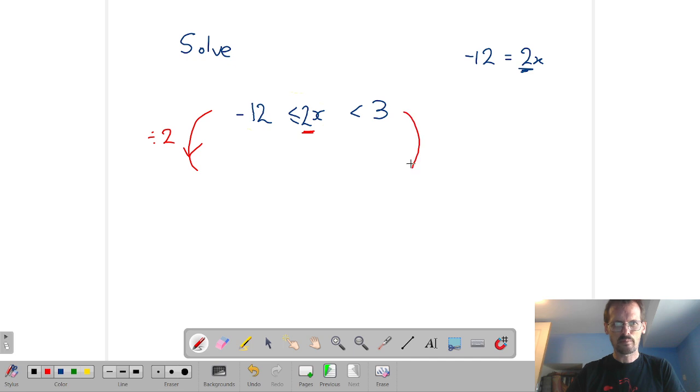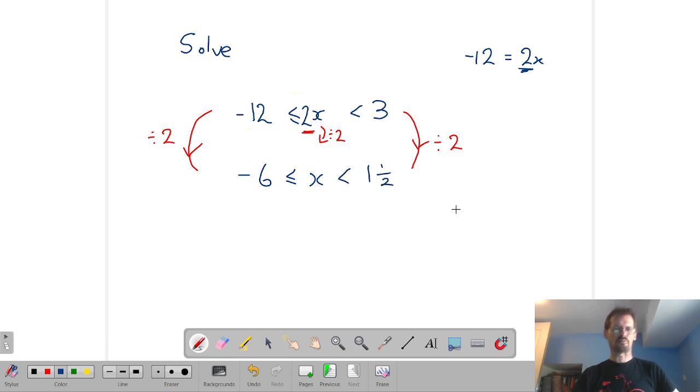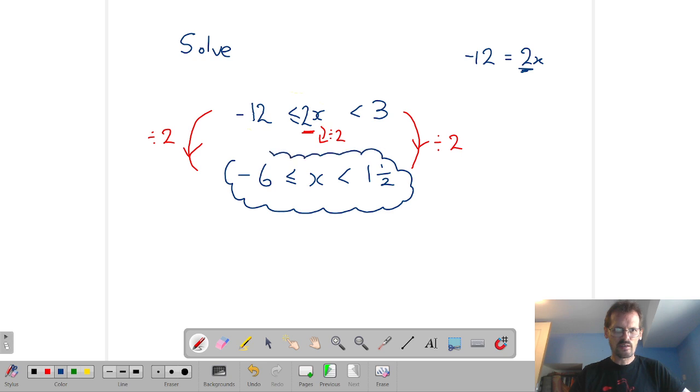I'm dividing that by 2, I'm dividing that by 2, and of course I'm dividing this by 2. So I get minus 6 there, then the inequality sign. 2x divided by 2 is just x, and 3 divided by 2 is 1.5. So there's our solution: minus 6 is less than or equal to x, and x is less than 1.5.